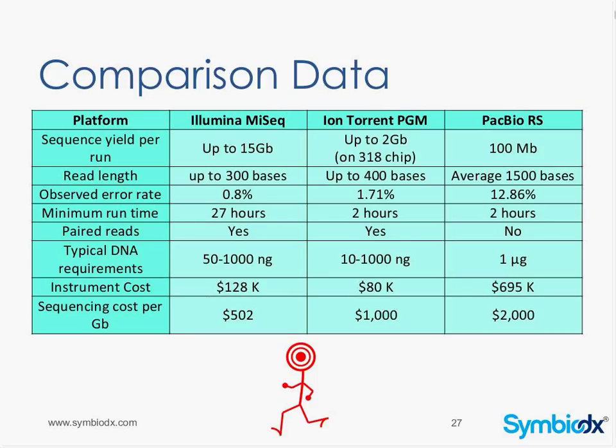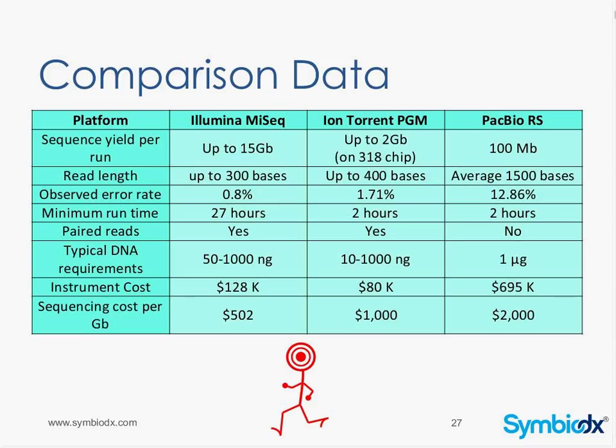People often ask about the actual numerical comparisons between platforms, and currently this is what I found looking at the most recent information. However, I have this little guy down here to indicate that these types of comparisons are definitely a moving target. These companies are actively in competition with each other, and they're really striving to improve this technology, so all of these numbers get better day to day.